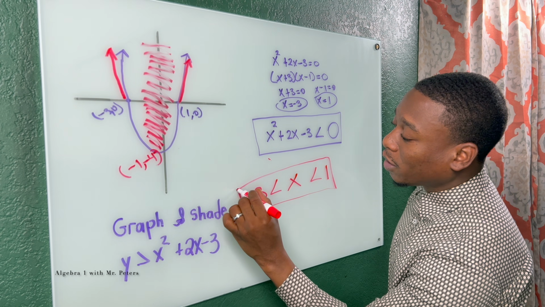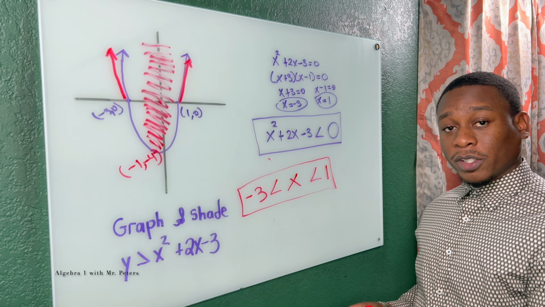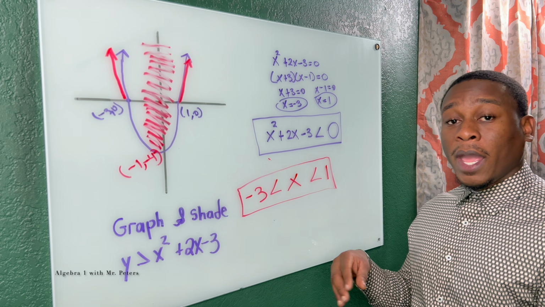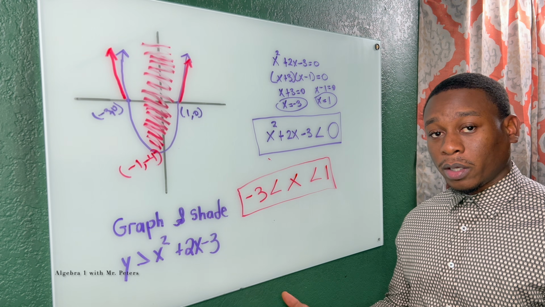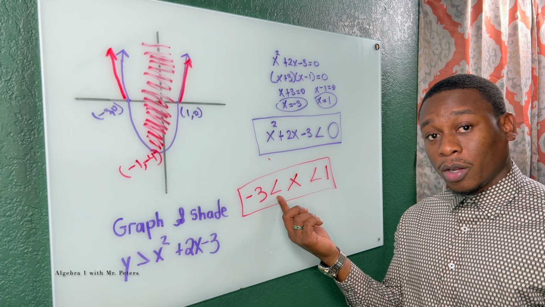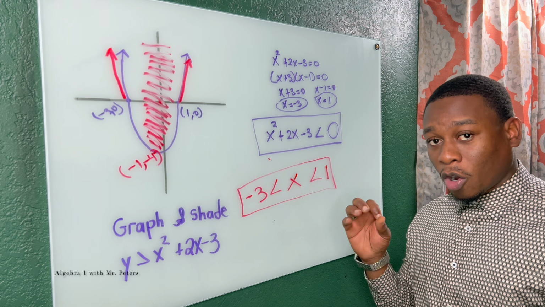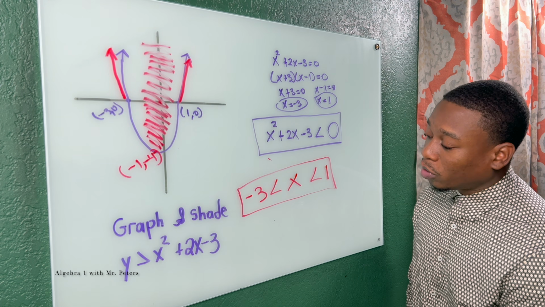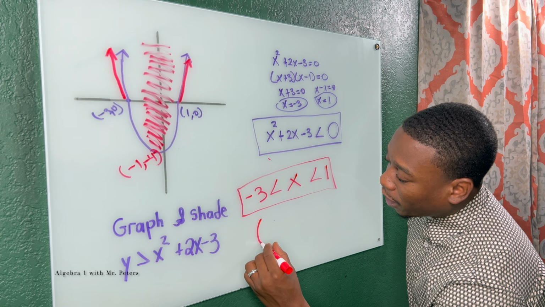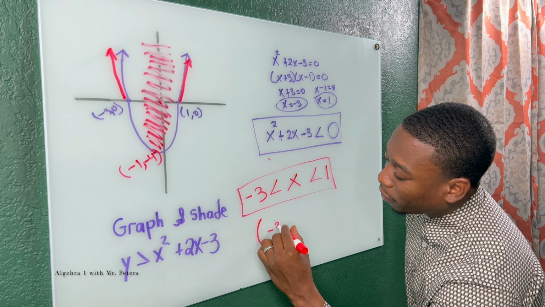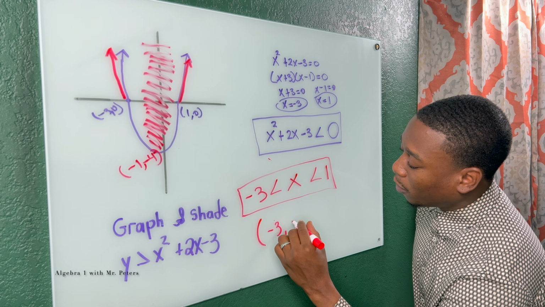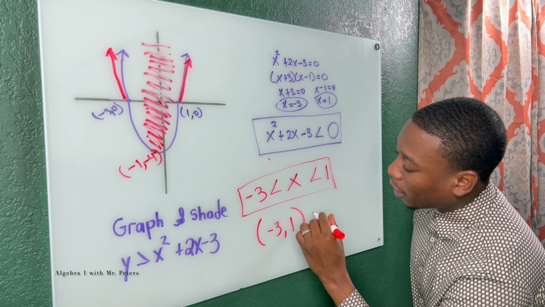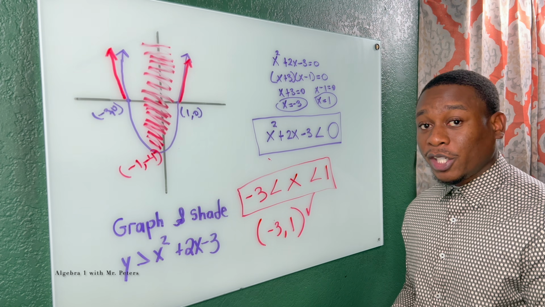Those are the x values that give us a y that's less than 0, and they are not included because of the sign, greater than or less than, open circle, right? Now, if we express this in interval notation, we would just have parentheses, -3, comma, 1, and that's it for the interval notation.